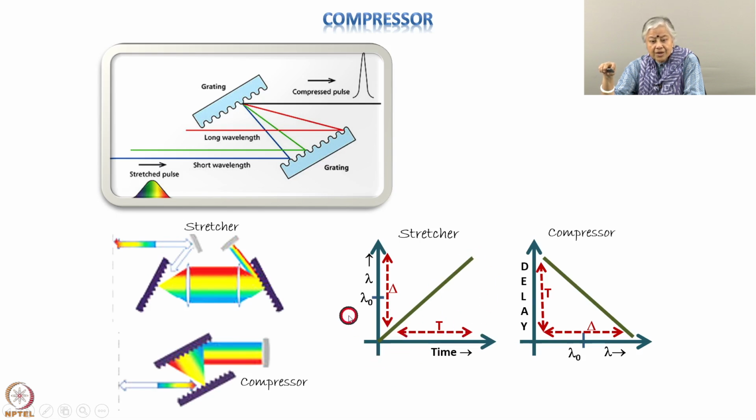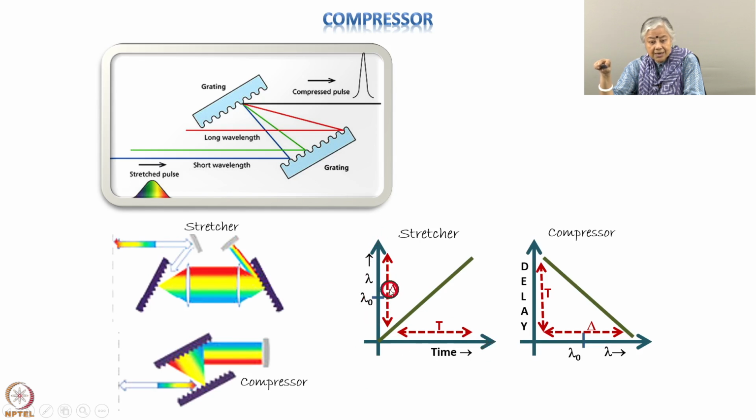If I write in terms of wavelength, it will be the shortest wavelength and the longest wavelength here, and in terms of frequency it will be the opposite. So, you can describe it however you want. So, we have basically given it a linear chirp.